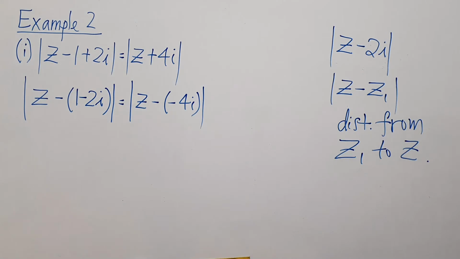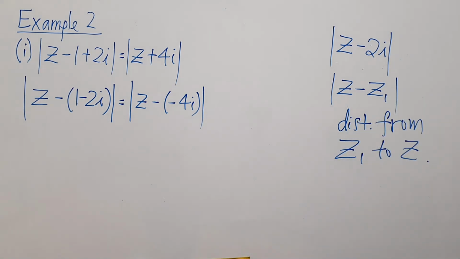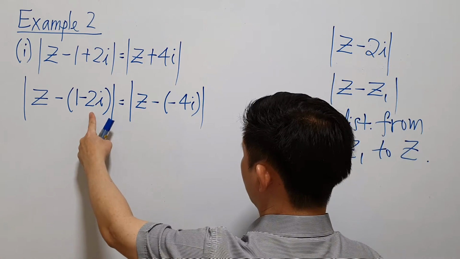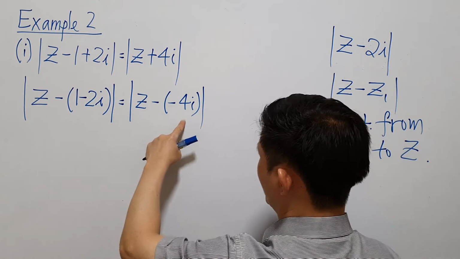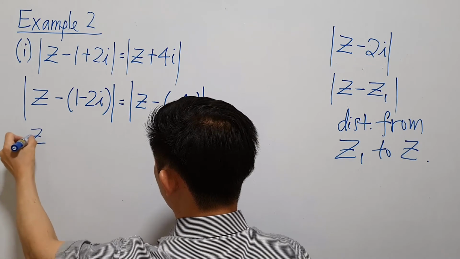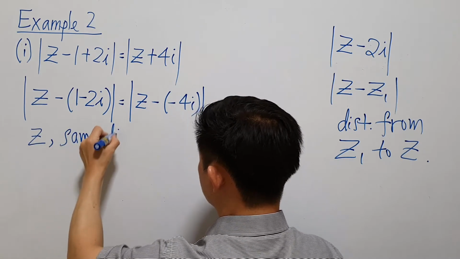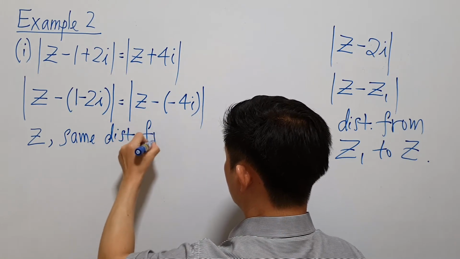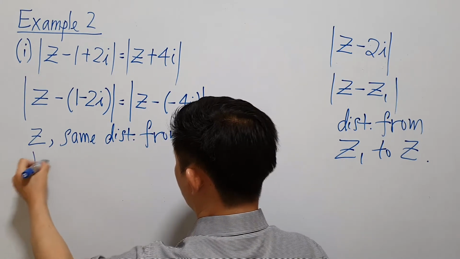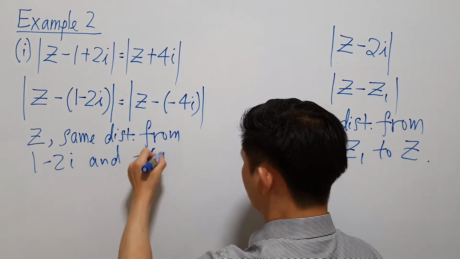In other words, you want those z which are the same distance from 1 minus 2i and minus 4i.